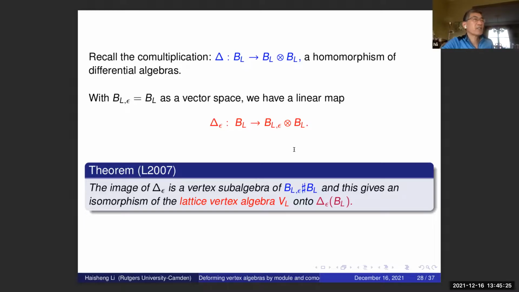This result says that on the right side, if you consider this vertex structure, the smash product structure, then through this co-map, the image is a subalgebra. That subalgebra is isomorphic to the lattice vertex algebra VL. This VL is exactly the subalgebra in the smash product, exactly the diagonal. So that's the interesting part.